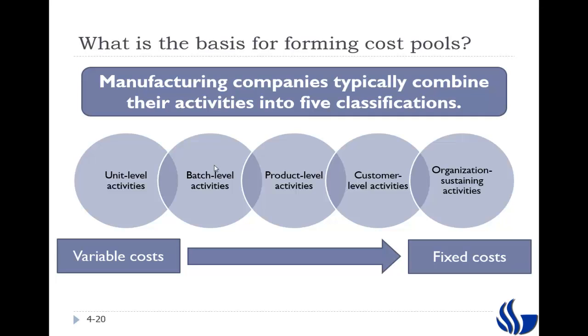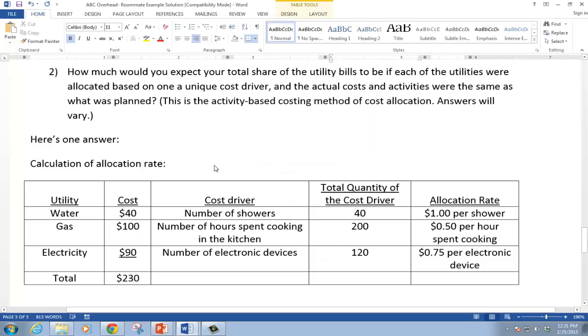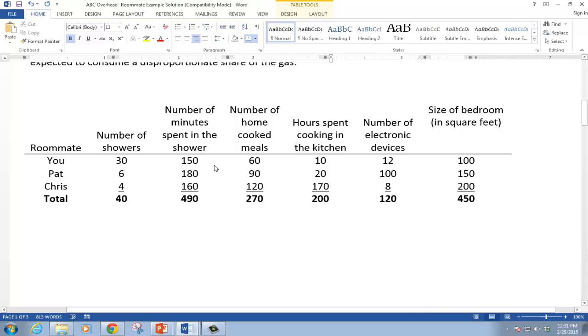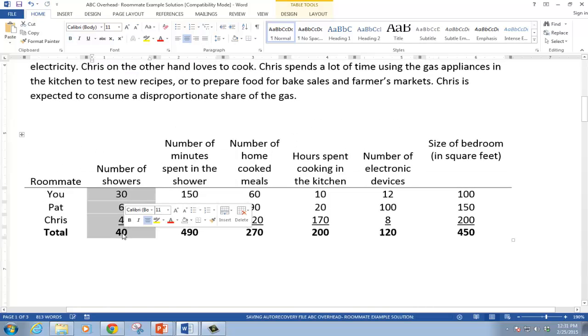Now when you're doing this, you might recognize that there's still a lot of room for judgment in deciding what type of cost driver to use. If we go back to the example with the roommates and dividing costs up among roommates, you'll recognize that number of showers is fine.